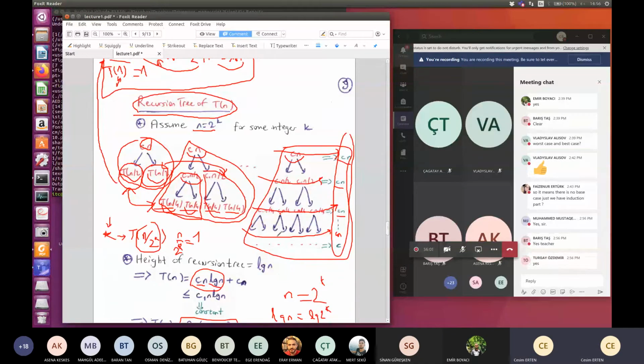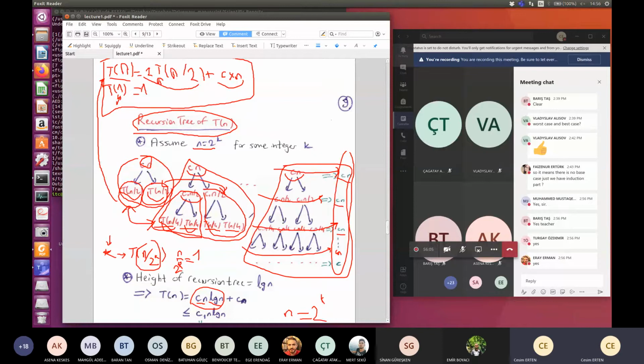Okay, so is the discussion clear? Do we need to repeat any part of this discussion? Any questions regarding the recursion tree?